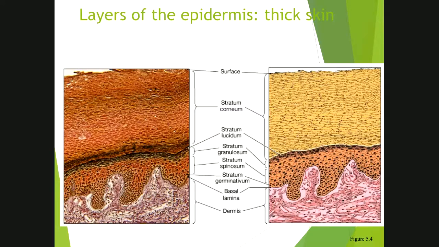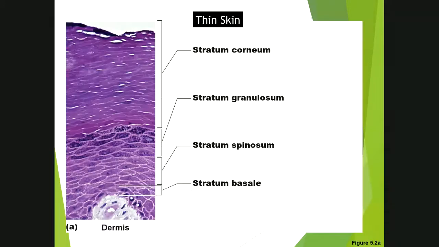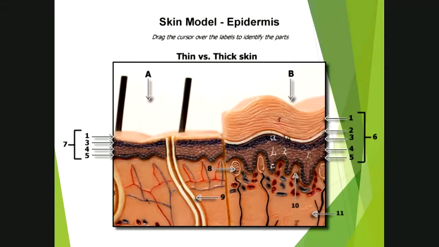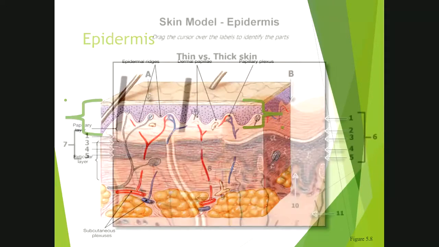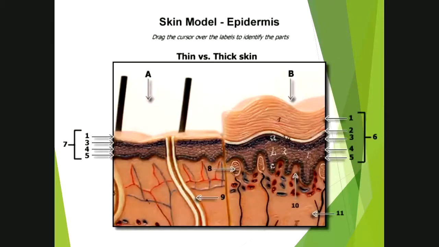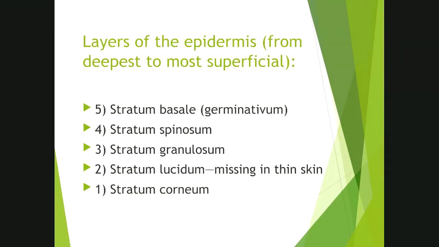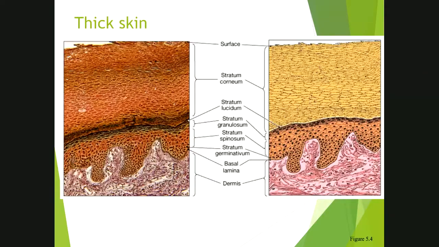On the pink model, well, I don't know which one you're talking about, but again, there's the hairs. No hairs over here. Okay, anybody have any questions about the layers of the epidermis?